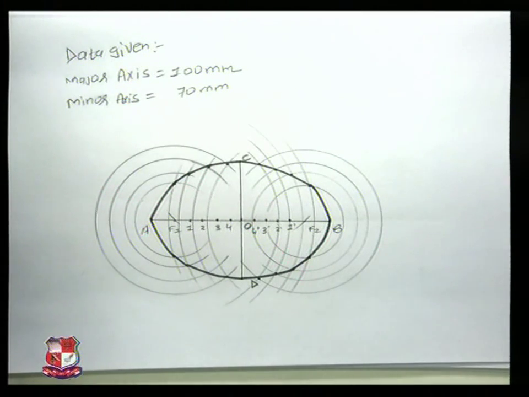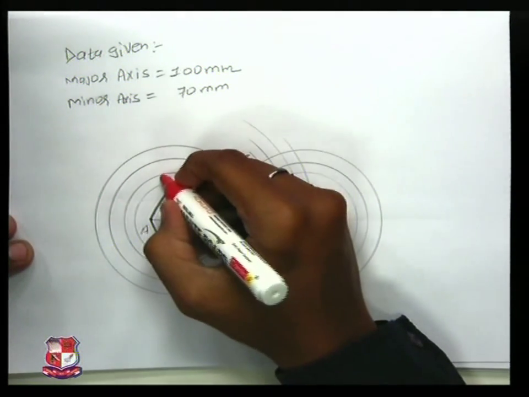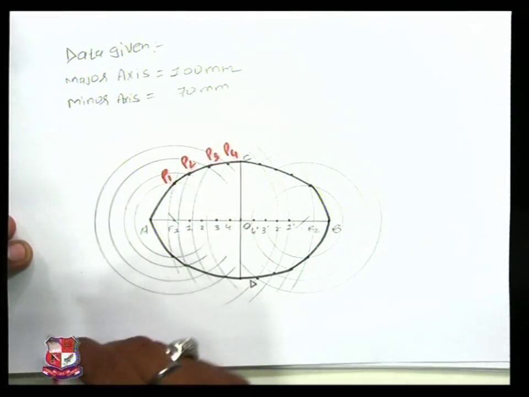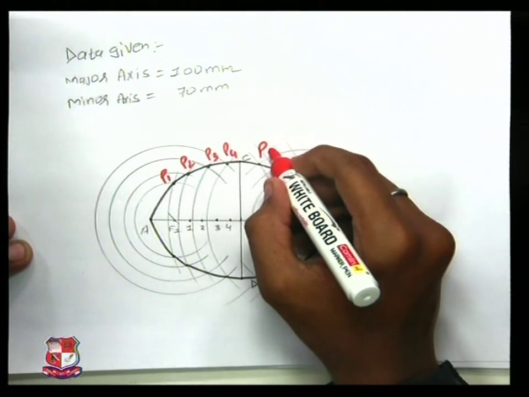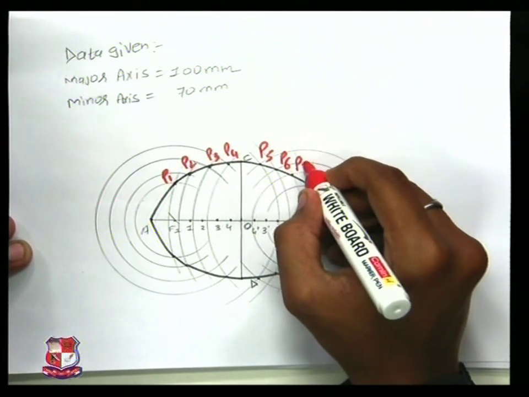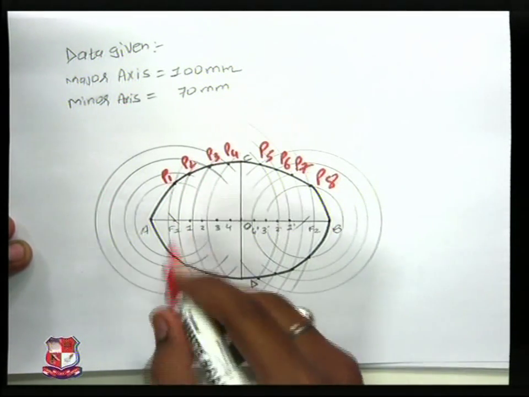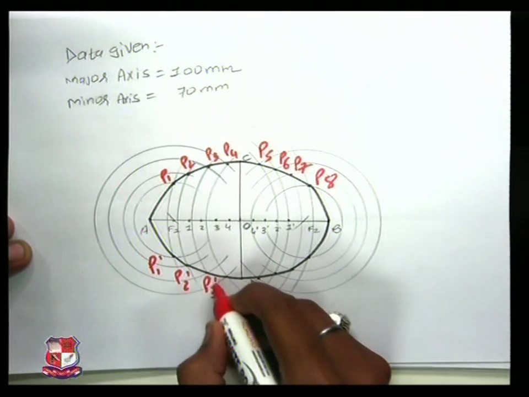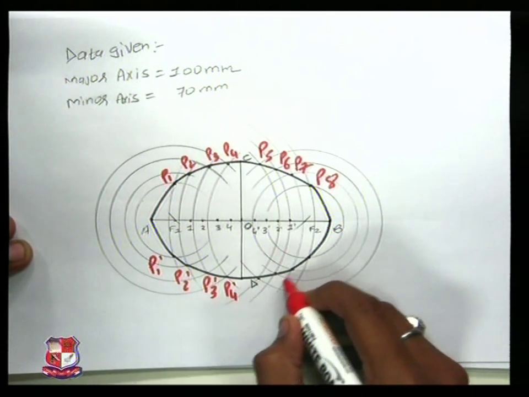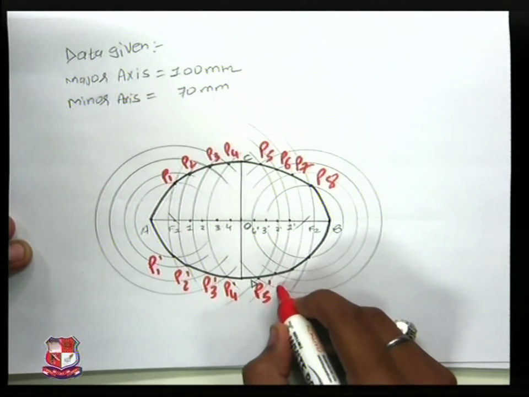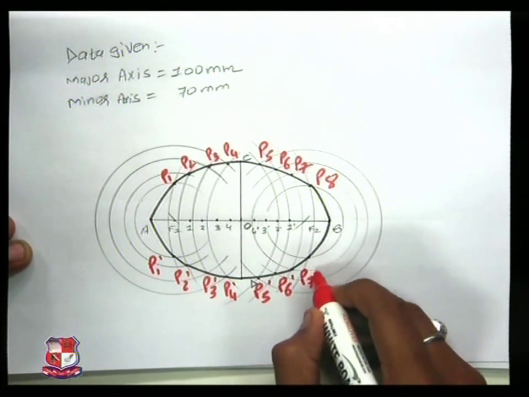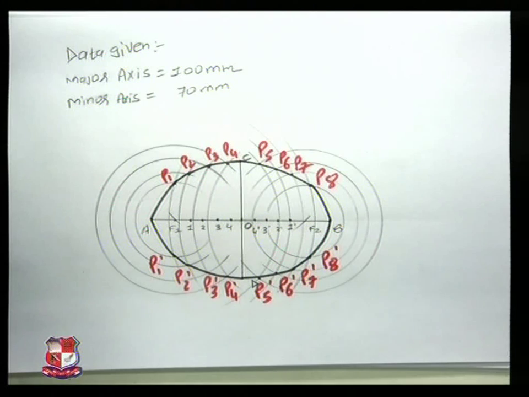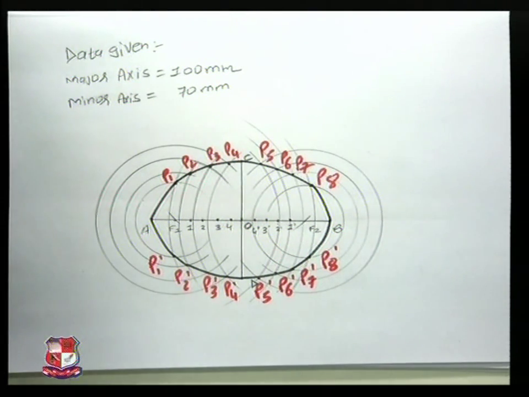You can give the nomenclature to the same: P1, P2, P3, P4. Same way on the other side. This is how you can draw an ellipse using the arc of circle method.